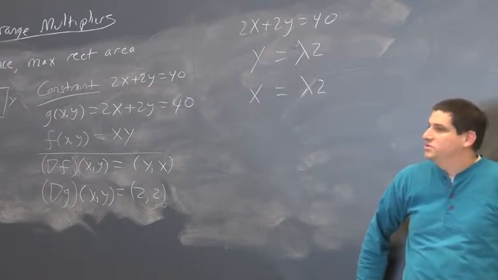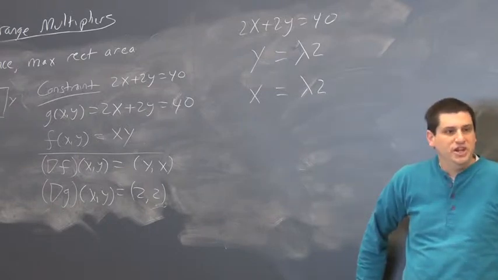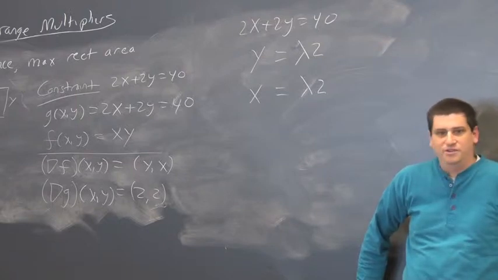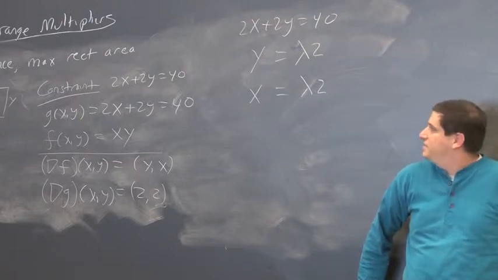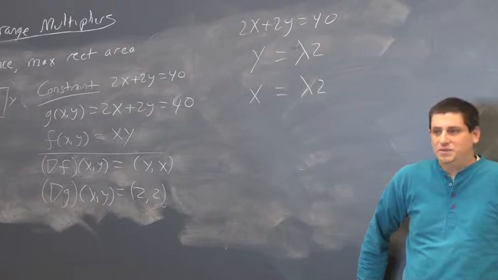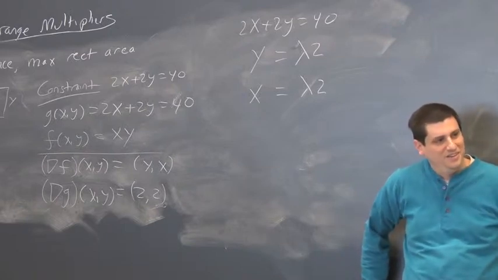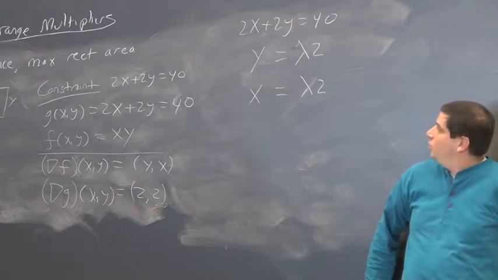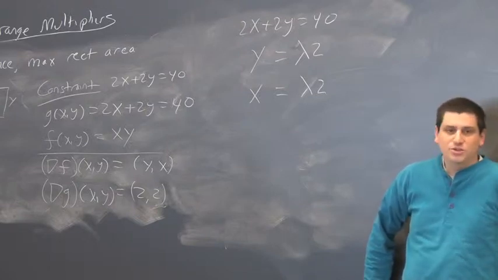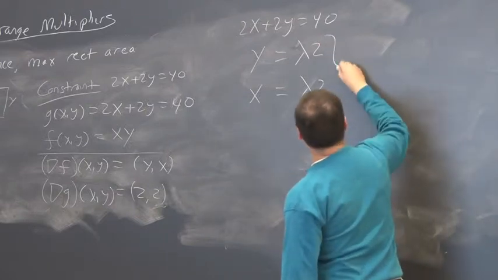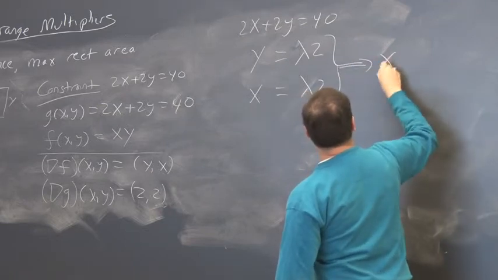When you do these problems long enough, you start to hear voices in your head as to how to do the algebra. There is something that's very clear to me right now. What's a good thing to note? Y equals 2 lambda, x equals 2 lambda. So these two combine, and they give us that x equals y.